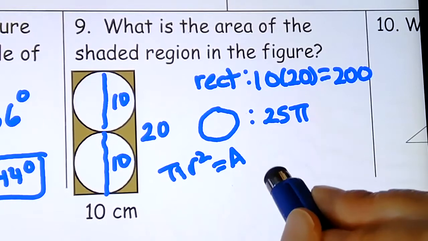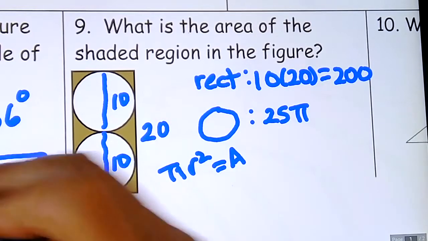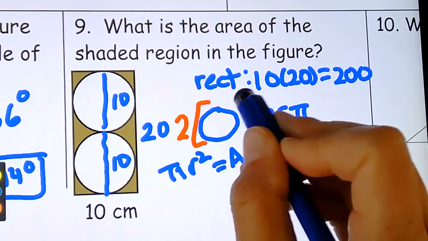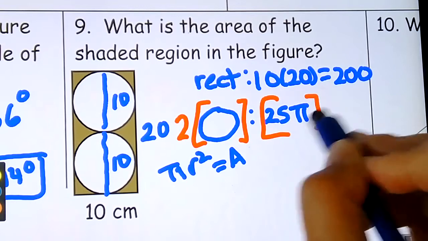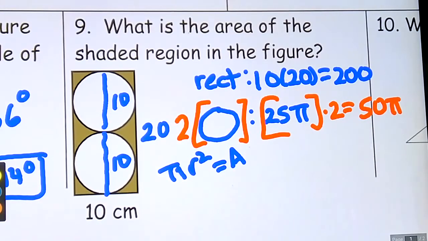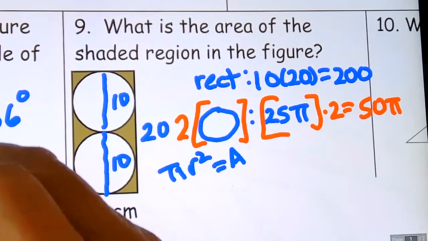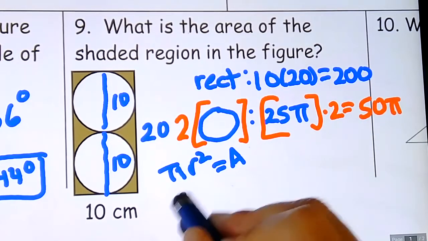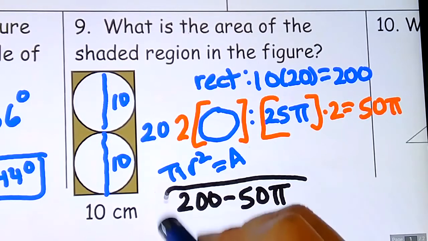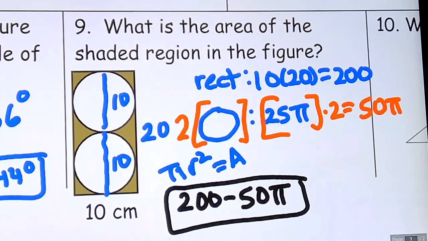I have 2 of them, so I am going to take 2 times my answer, and I'm going to get 50 pi because I have it twice. So now my total area is 200 minus 50 pi. There you go. That's it.